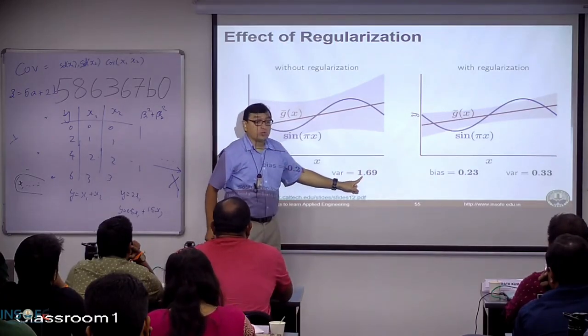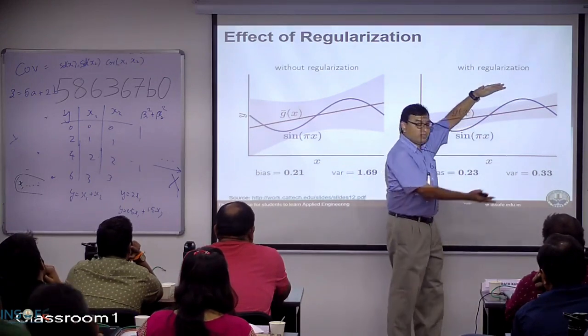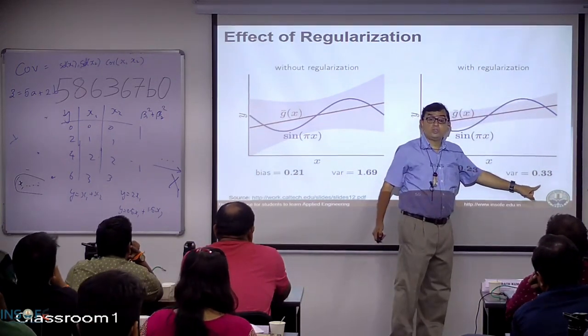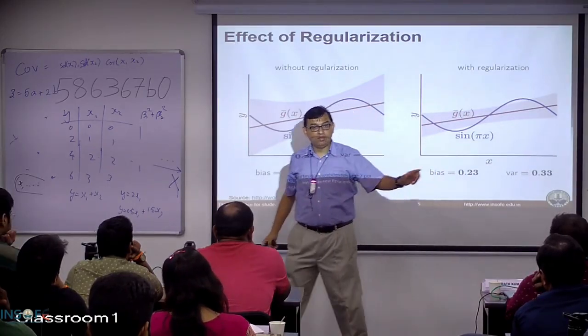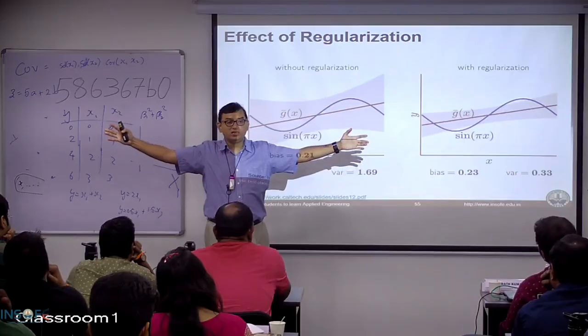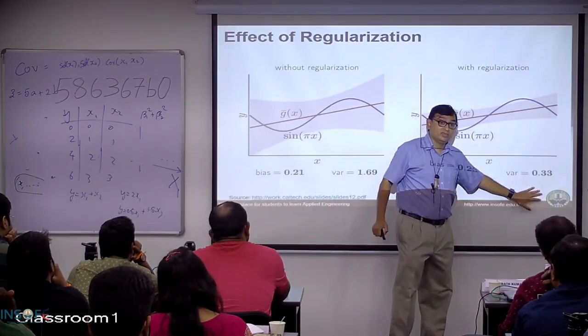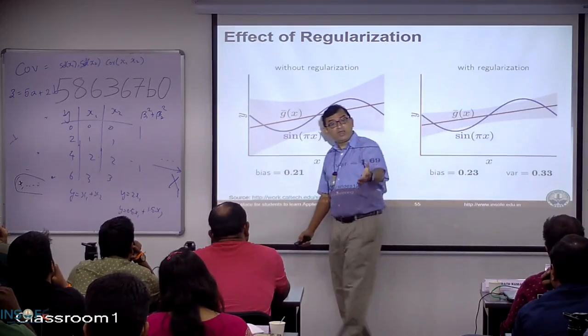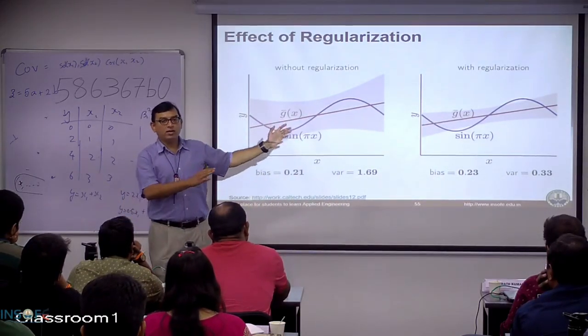The variance was 1.69. When I put regularization, the variance has decreased. It's 0.33. It's telling you that it will do better in unseen data, because the trained data was only two data points. The rest of the data were all unseen data, and it does much better there. So you are guaranteed that you are going to do generally better in unseen data.